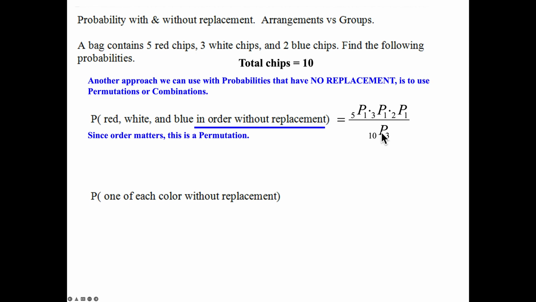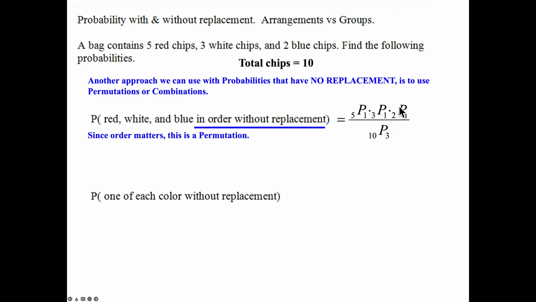But the one thing I want you to notice is, you will know if you've got this set up right: notice all the n numbers on the top, the 5, the 3, and the 2, they have to add up to be that 10. The r values, 1 plus 1 plus 1, have to add up to be that 3, the r value on the bottom.